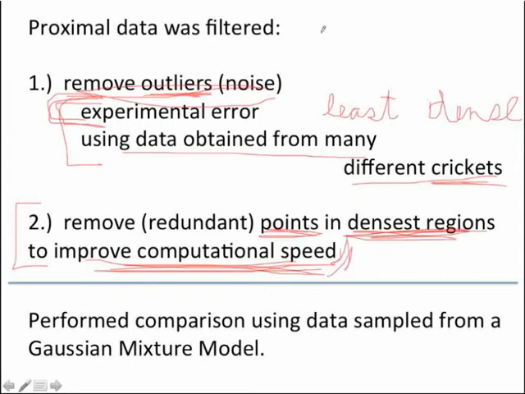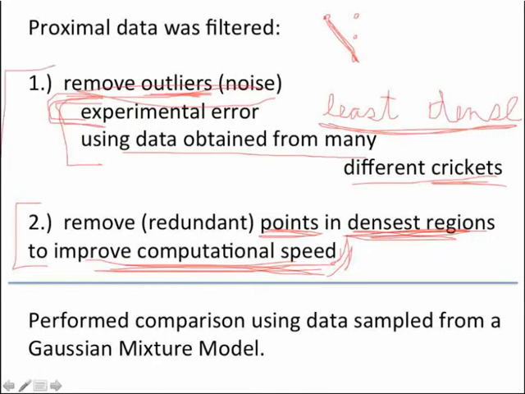If you remember the density measure, where the density is based on the kth closest points, that's basically what they use in order to determine density. And so they removed the least dense points using this density measure, maybe with the distance being 2 apart, or 3 apart, or 4 apart, as well as removing some of the points in the densest regions.